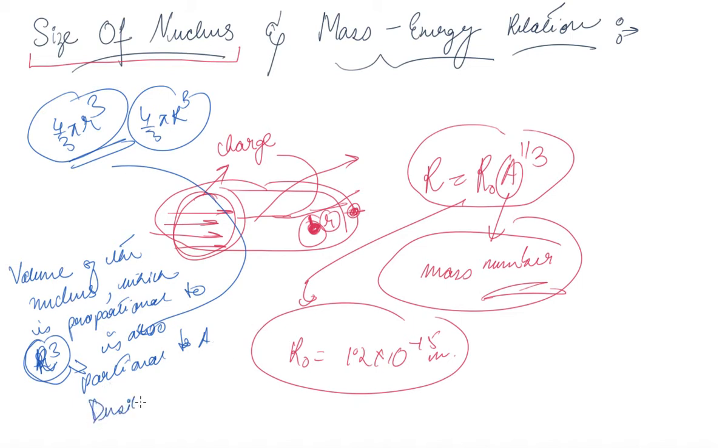The density won't matter because of the volume. Hence, density is a constant and independent of A.